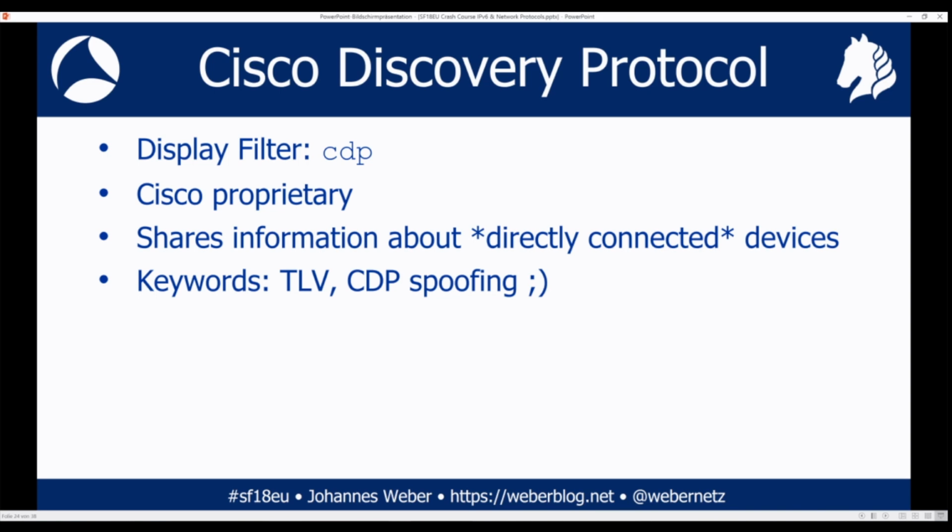So the keywords here are TLV, type length value, because you can have different values, and CDP spoofing. Because an attacker, of course, can spoof these CDP packets. So when you want to attack someone, maybe you can start by using CDP spoofing.